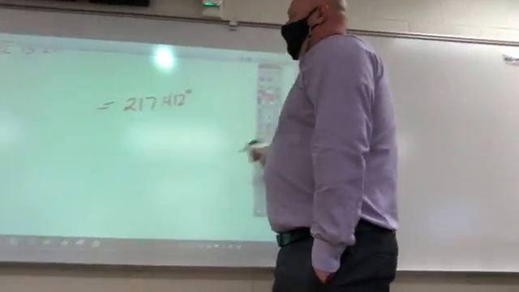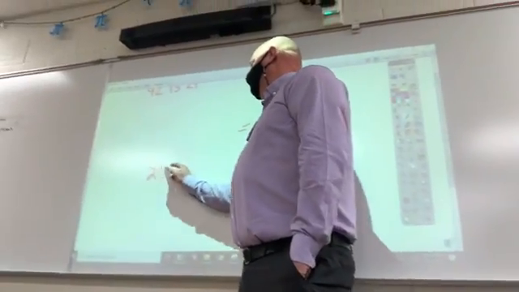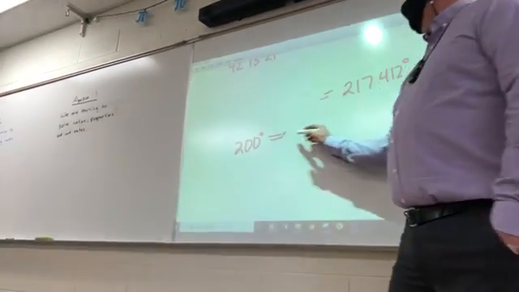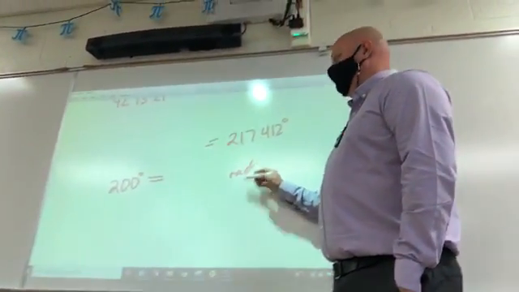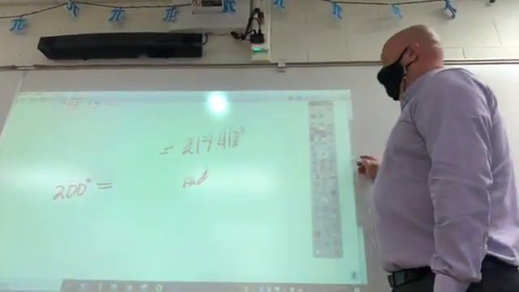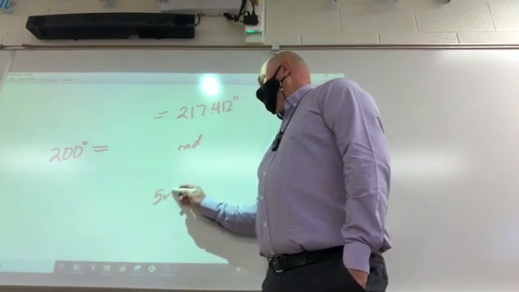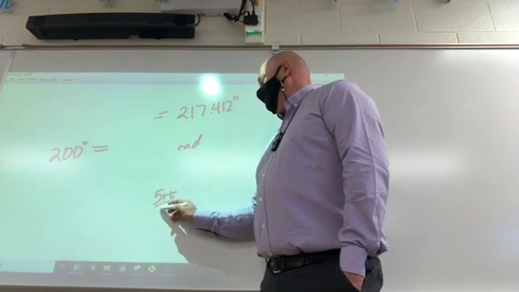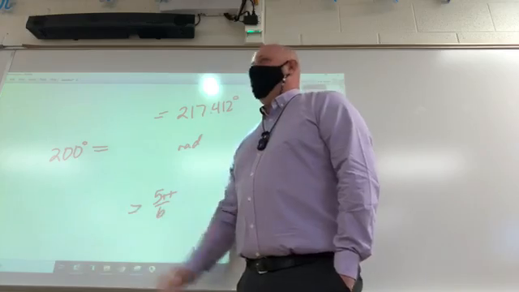You should be able to put 200 degrees into radians, and you should also be able to go 5 pi over 6 and put that back into degrees.